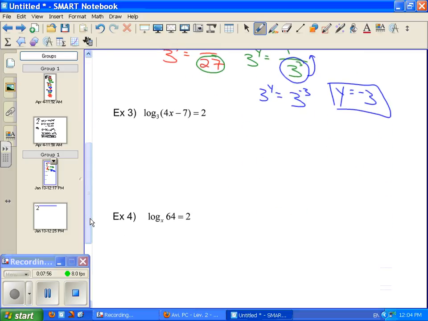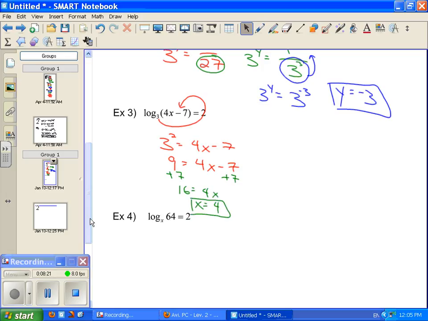How about this one then? Don't change your plan just because the thing inside the logarithm is more complicated. It's the same idea. So 3 squared equals 4x minus 7. 3 squared is 9. Add 7. 16 equals 4x, so x is 4.